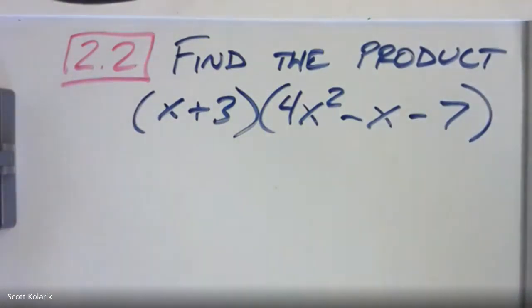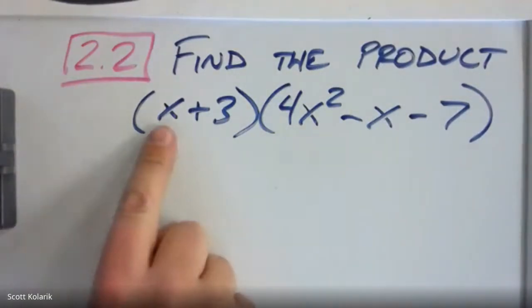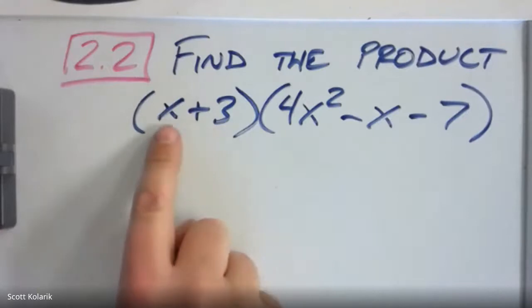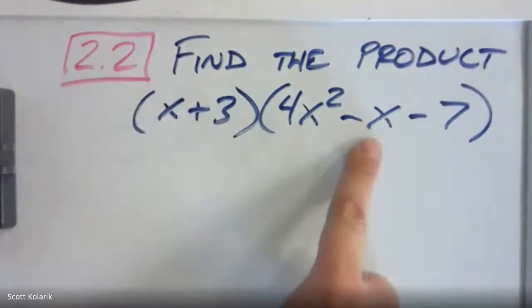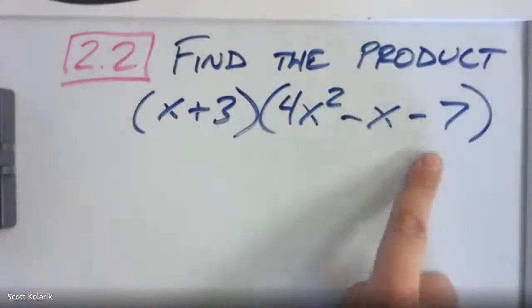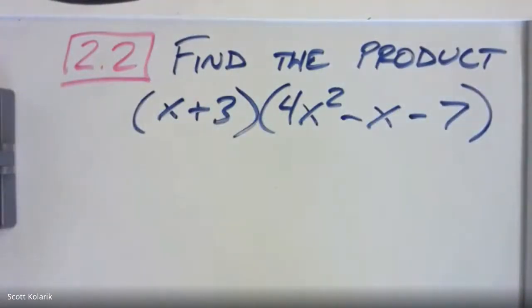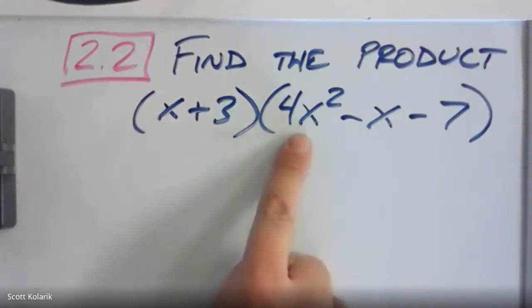Okay, and so I'll use 2 different colors here. Typically what I would do with my solutions, I would actually show you these paired up. So I would actually show you x times 4x squared, x times negative x, x times negative 7, so on and so forth. But right here, I think I'm going to, for the sake of time, just go ahead and jump right to what is x times 4x squared.